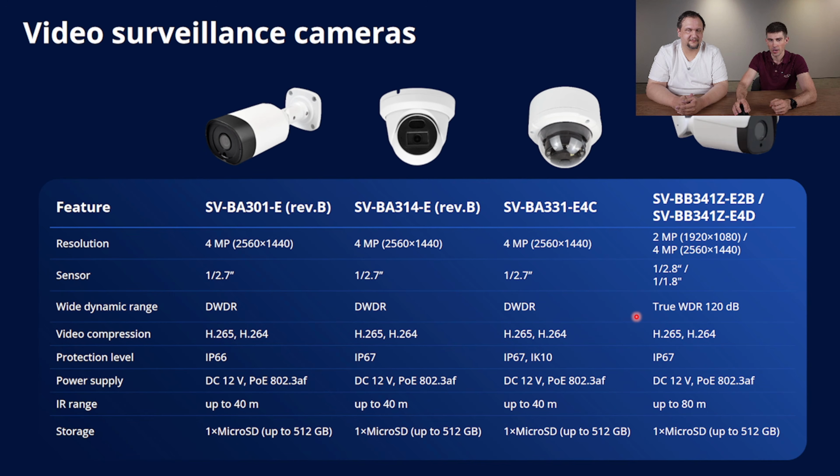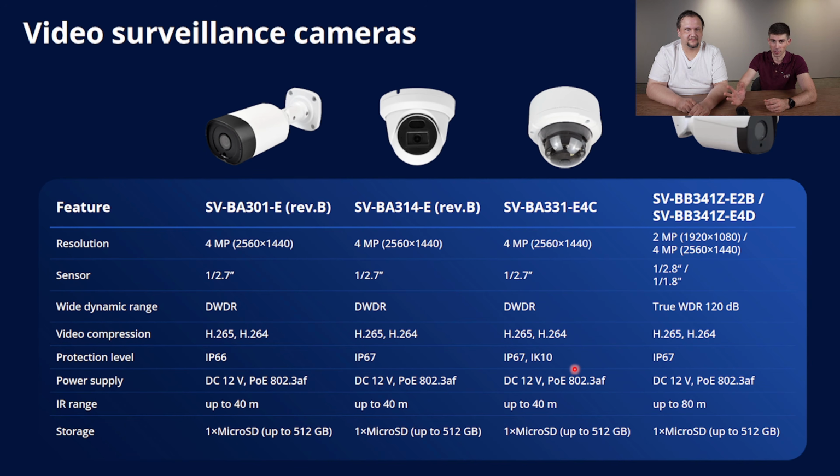So most of the specs are similar, except the anti-vandal camera has IK10 protection level against physical damage. So it's usually installed in locations where there is a high chance of getting damaged.